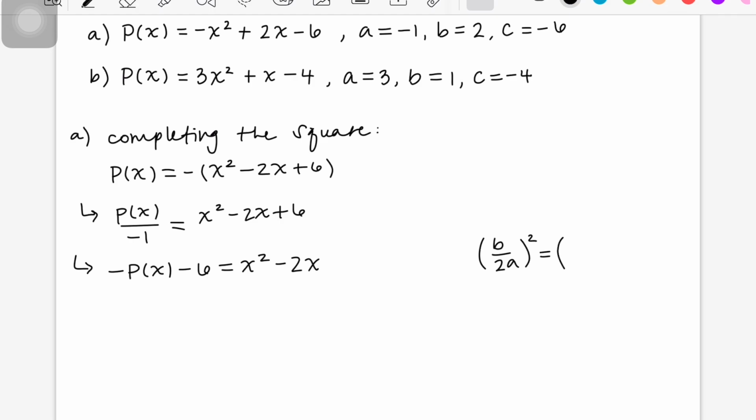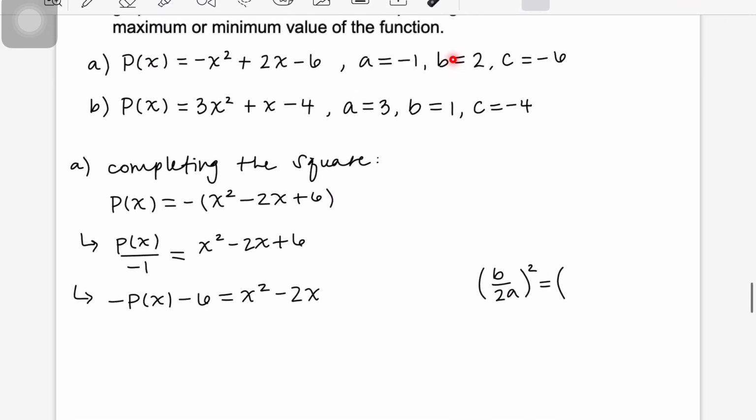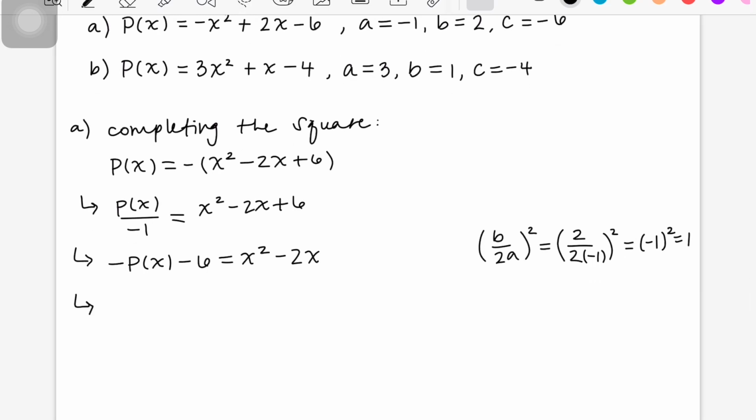In this case, b is 2 here, and a is -1. So we end up with 2 over -2, which is -1 squared. So we just get 1. Okay. So we're going to add 1 to both sides.